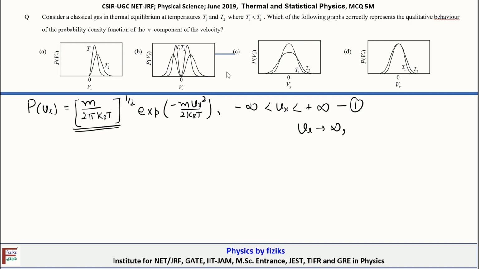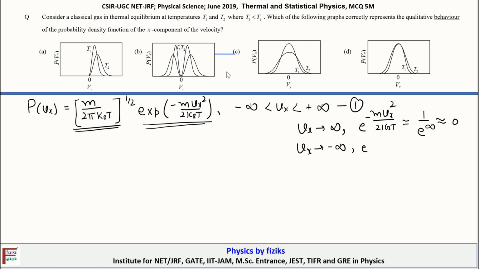So when Vx approaches infinity, the overall behavior of this probability distribution function is determined by the exponential quantity, exponential minus m Vx square upon 2 kBT. When Vx is very large, this is basically 1 upon exponential of a very large quantity, and this will tend to 0. Similarly we can get an idea about the probability distribution function when Vx has a very large negative value.